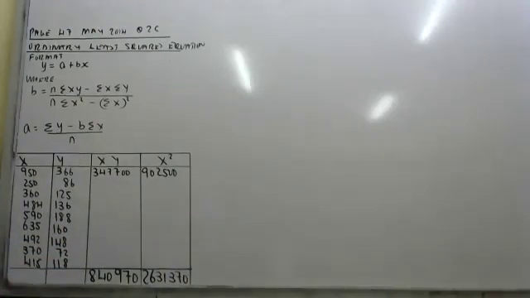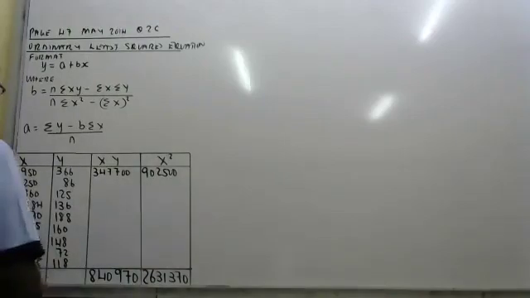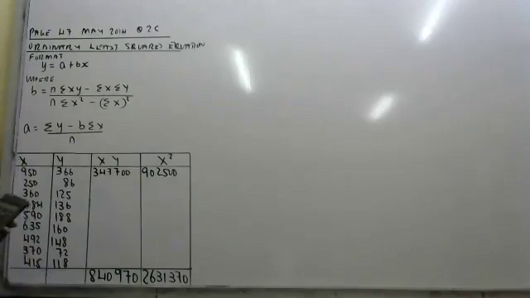Then once I get those ones there, I now get the total here for y: 366 plus 86 plus 125 plus 136 plus 188 plus 160 plus 148 plus 72 plus 118 is 1399.